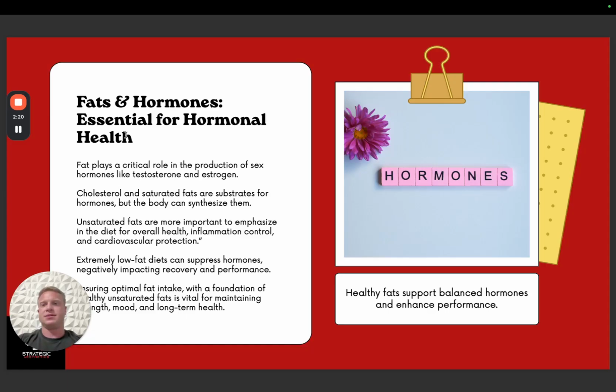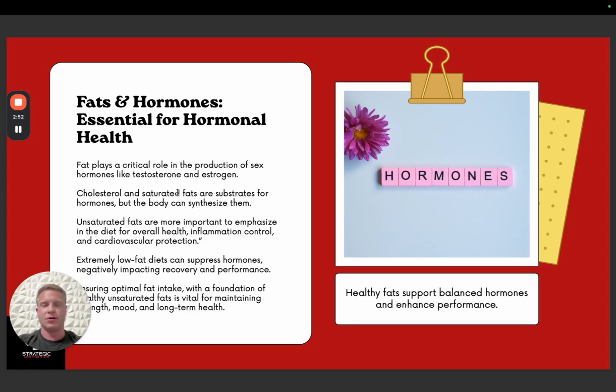So, fats are essential for hormonal health. Okay, so cholesterol and saturated fats are substrates for creating the hormones, so they're like building blocks for those hormones. However, cholesterol and saturated fat we can synthesize ourselves as long as you have enough food in the diet. So we still want to lean into the unsaturated fats, even though hormones are synthesized from the saturated fats and cholesterol.